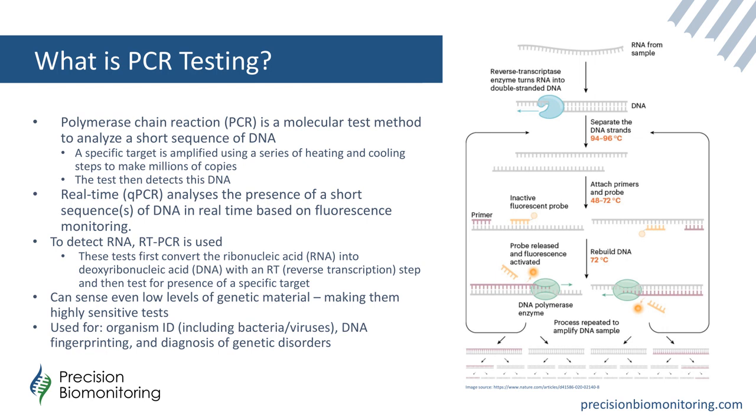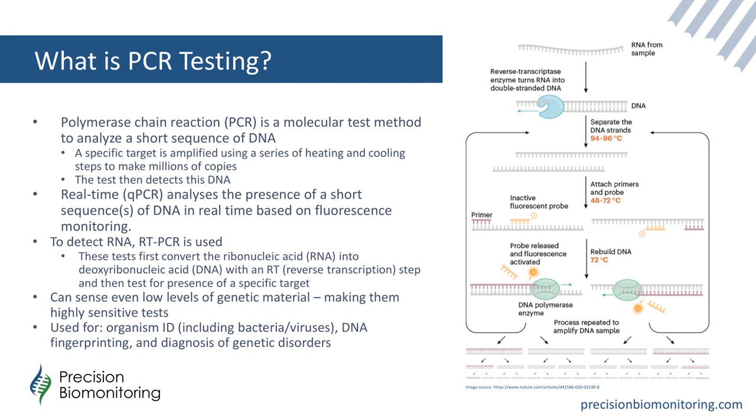In real-time PCR, in the middle there is a fluorescent probe that also attaches in between those two primers. As DNA polymerase extends the single strands of DNA during the reaction, that probe is broken apart, and the fluorescence is released and can be read. That's the real-time portion of real-time PCR.